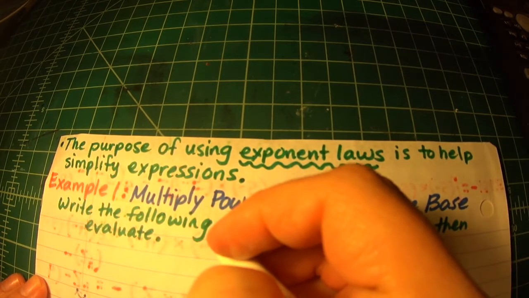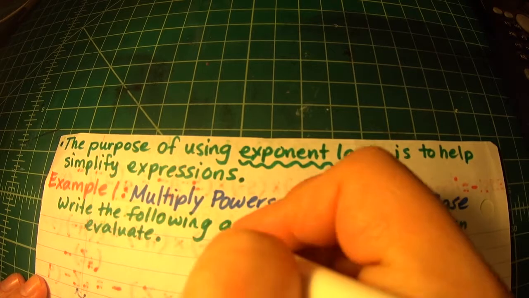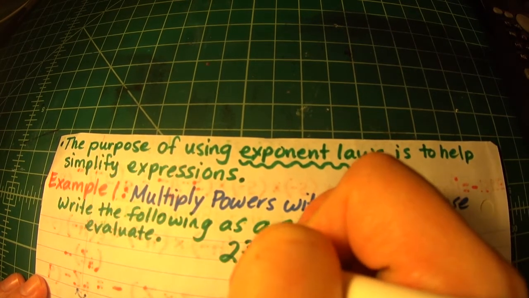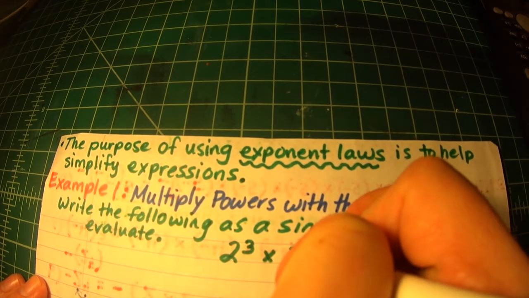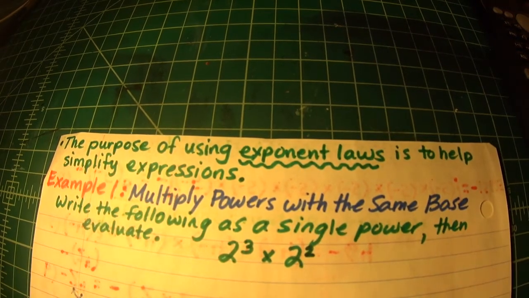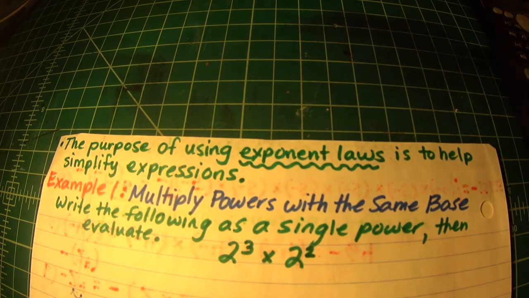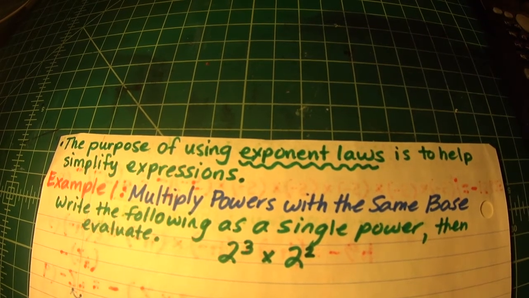And here's how it looks. We've got 2 cubed times 2 squared. Okay, so let's answer this now. It wants us to write it as a single power and then evaluate. So in other words, find the value of it, solve it out.